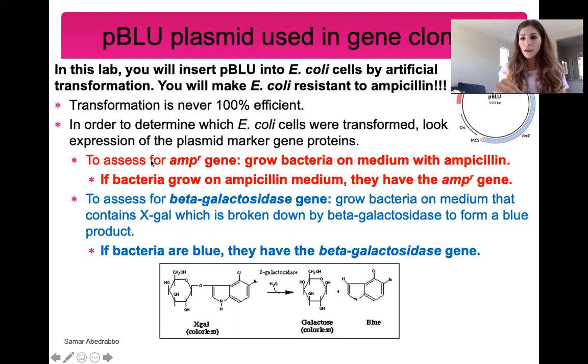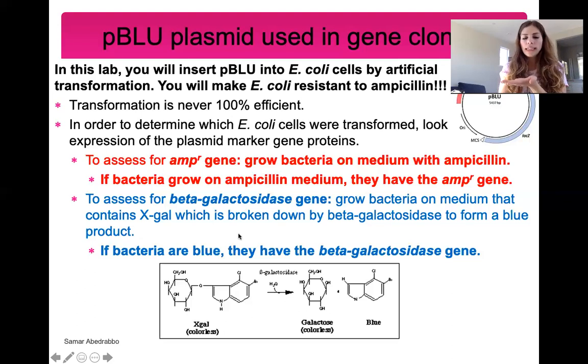To assess if transformation worked, you're going to grow bacteria on medium with ampicillin. You grow your bacteria on agar, so now we're going to have agar plates that have ampicillin added to them. You're going to grow your transformed cells. Your transformed cells should be able to grow on that agar plus ampicillin, because if they did take up the pBLU plasmid, it has the ampicillin resistance gene.